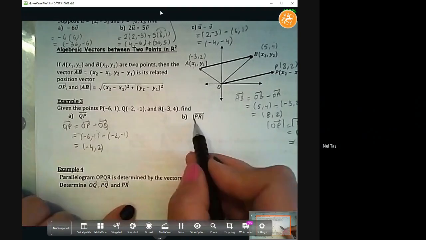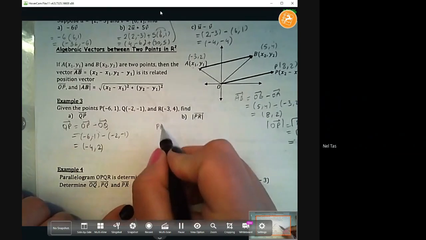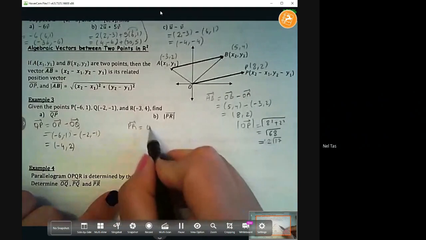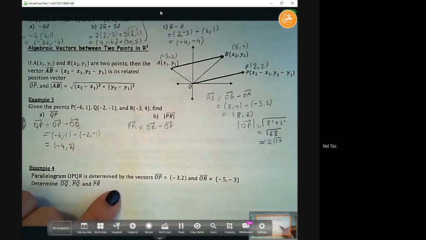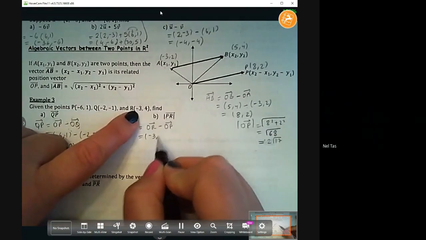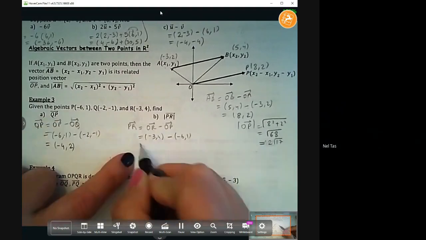Now for part B, we're going to find the magnitude of PR. So let's get vector PR. We do OR minus OP. OR is (-3, 4) and OP is (-6, 1).